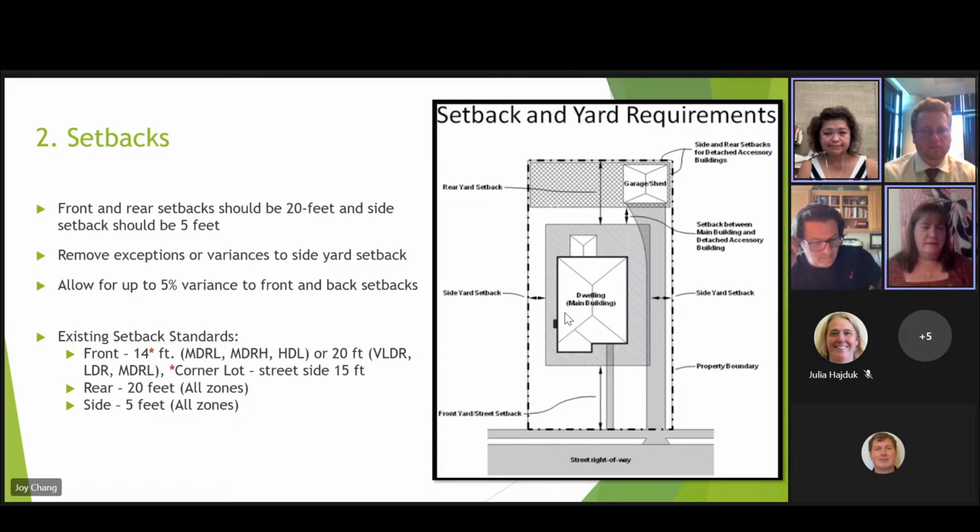Is anybody against taking council's direction and enforcing the setbacks?